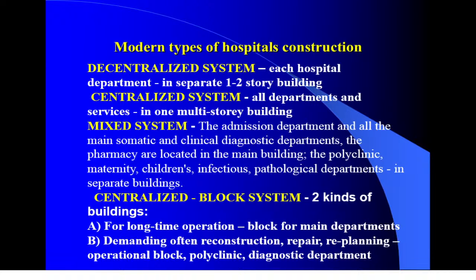One of them is the decentralized system. The decentralized type of hospital construction is typical for old buildings, for old hospitals. Such a hospital consists of separate one- and two-story buildings.